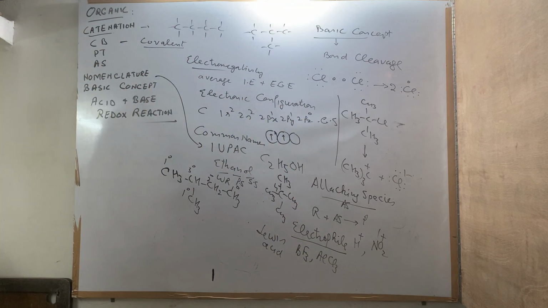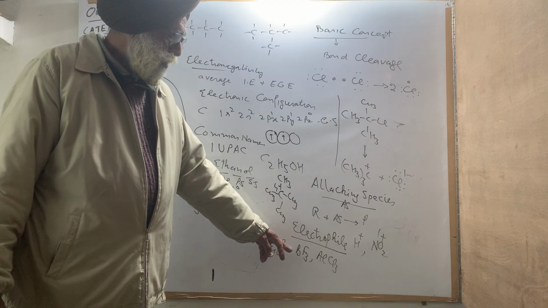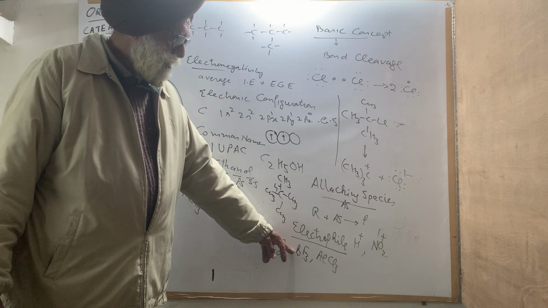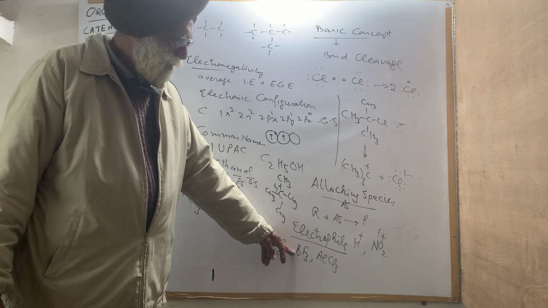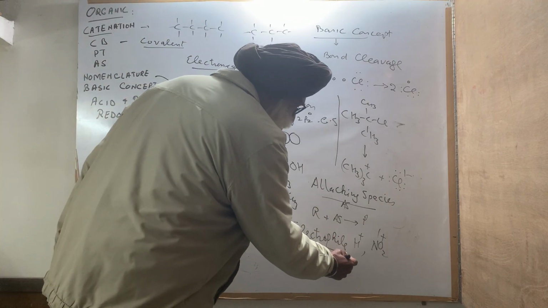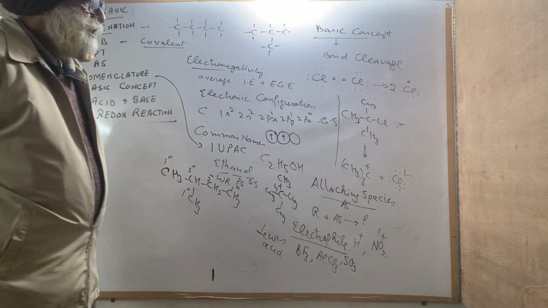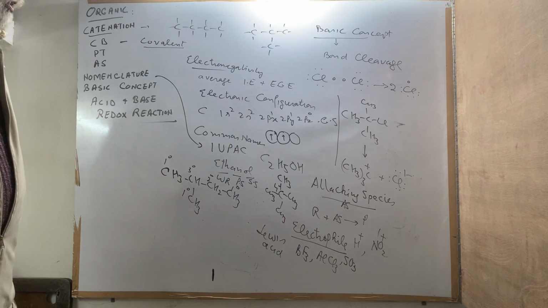Why is BF3 a Lewis acid electrophile? Because in this case the sextet of electrons is there around boron. Octet is incomplete. Here again, same situation. You can also have sulfur trioxide. Sulfur trioxide is also an electrophile.